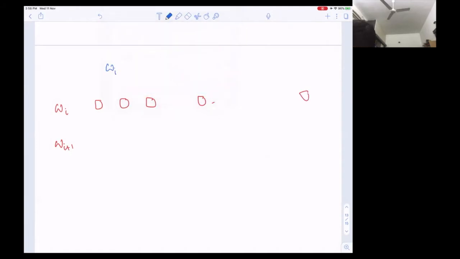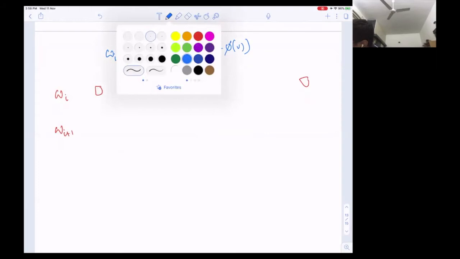Weight function i of E is the weight of E minus phi of U plus phi of V. This is all that we have. Okay, so now let's look at Wi plus 1.